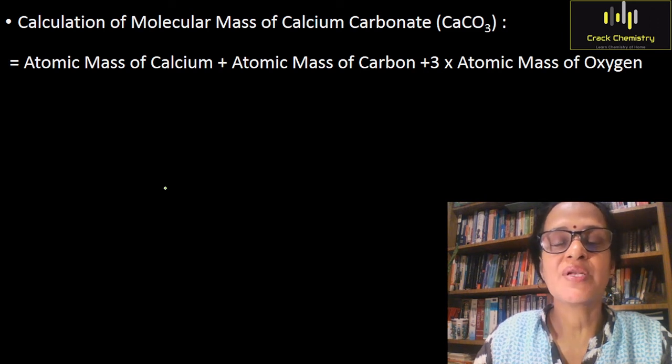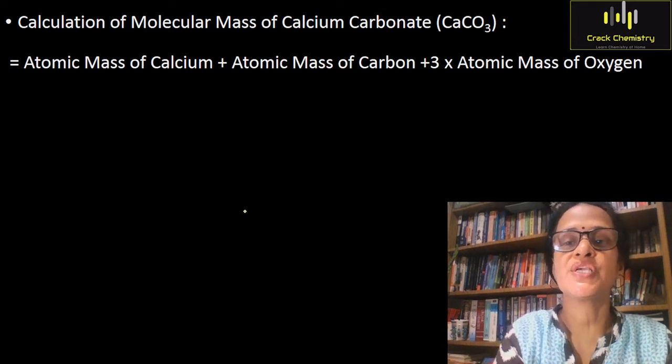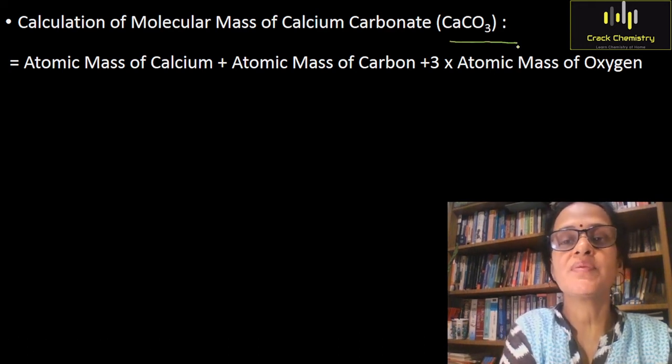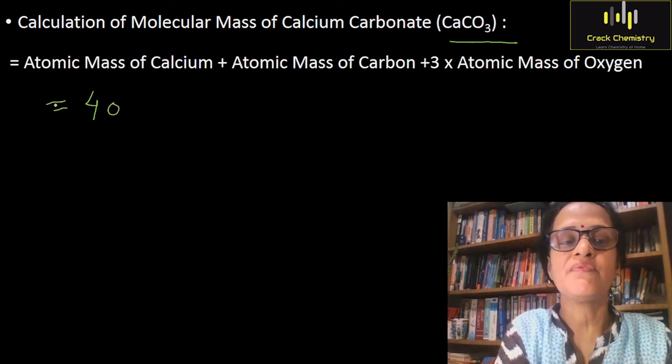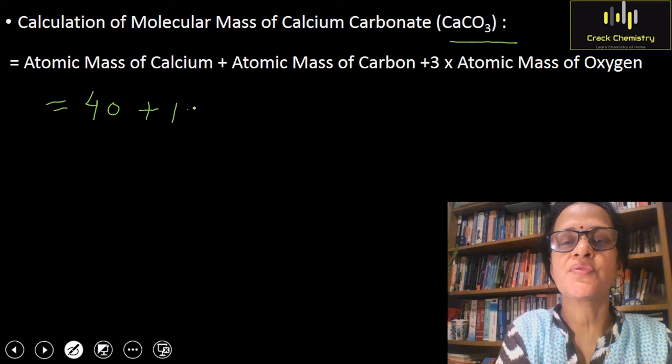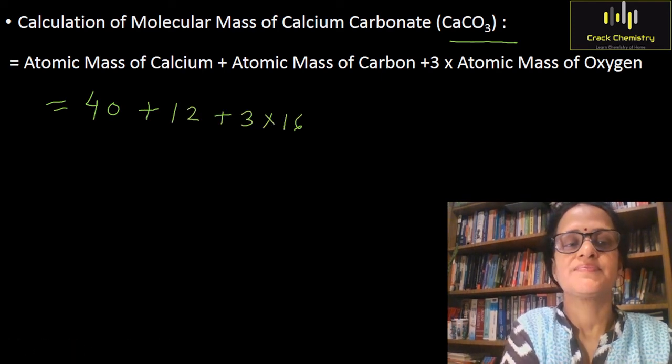Now we will calculate a molecular mass of calcium carbonate. Children, calcium carbonate has the formula CaCO3. So molecular mass of calcium carbonate can be calculated as the sum of atomic mass of calcium, which is 40, plus atomic mass of carbon, which is 12, plus 3 into atomic mass of oxygen, which is 16.